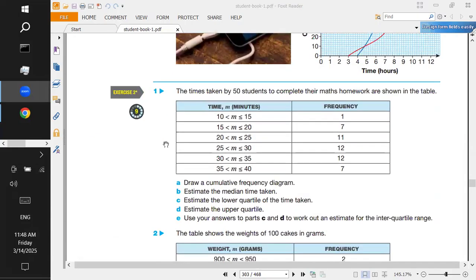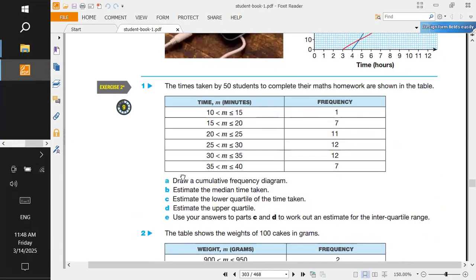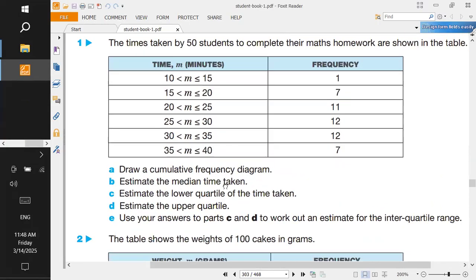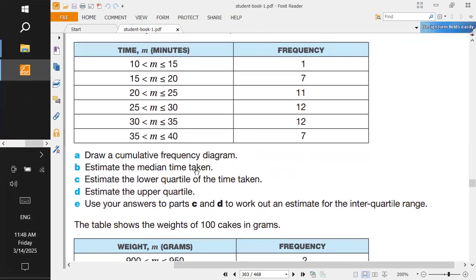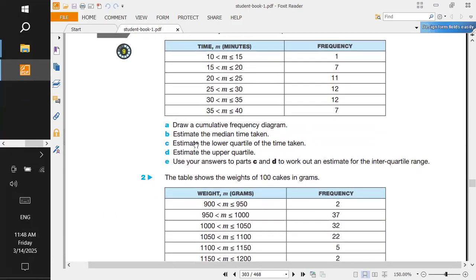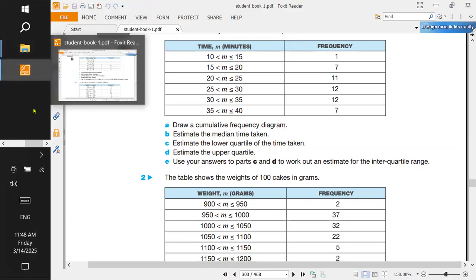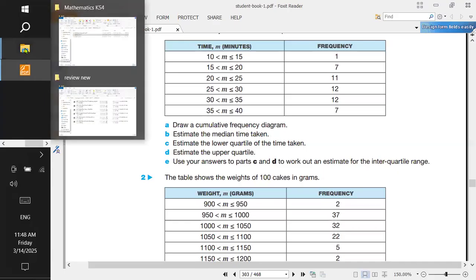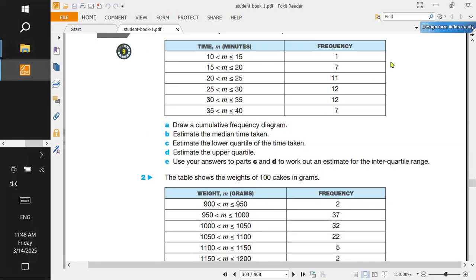Let's use this question. I'm going to find it and then sketch it to find the other things. So basically, draw a cumulative frequency diagram, find the median, find Q1 and Q3, and then find the IQR. I'm going to cover the questions because I need the space.